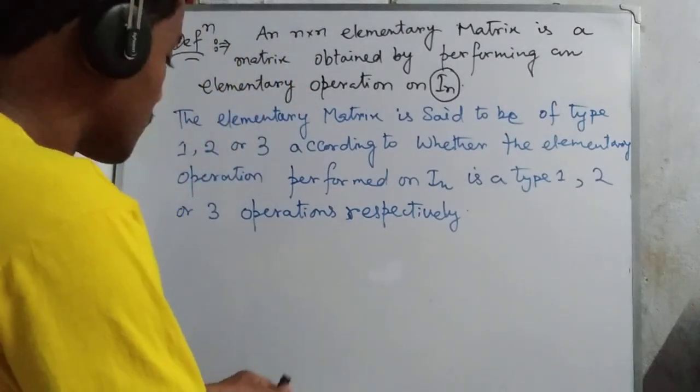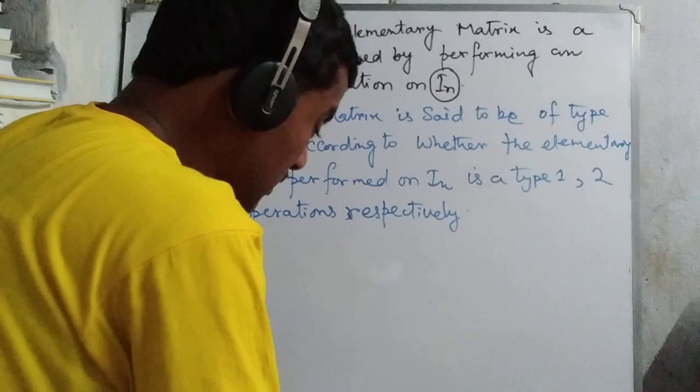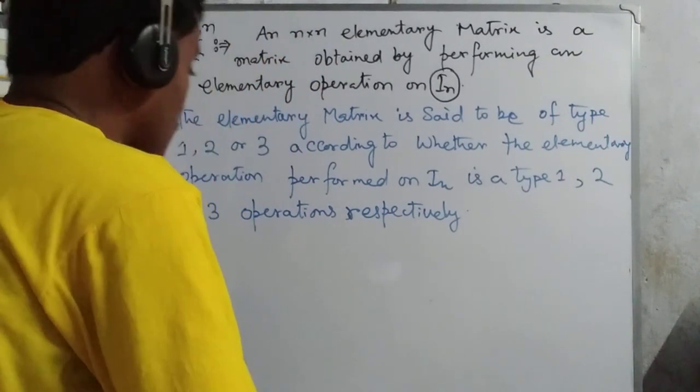So now we discuss interchanging the first two rows of I3.